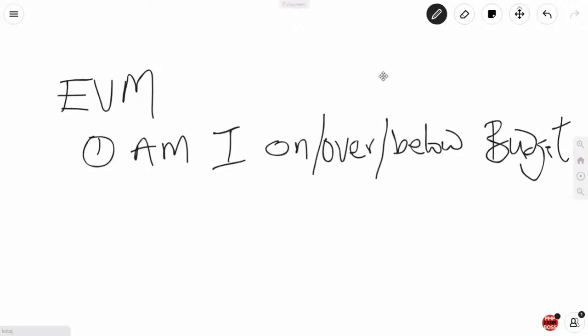Am I on budget? Am I over budget? Or am I below the budget that I planned for a particular activity or particular thing on the project? That's the first thing that EVM is going to help you address. The correct word would be under budget. Okay? So earned value right off the bat is going to address that. Am I under budget? Am I over budget? Am I on budget?